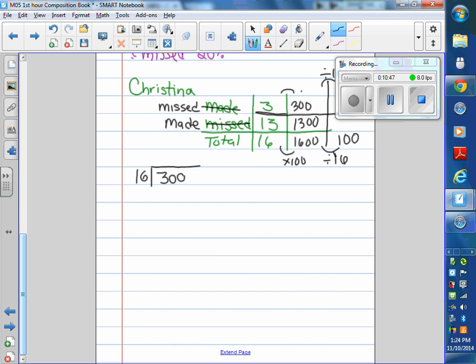What's 16 plus 16? 32. So how many times does 16 go into 30? Once, right? Subtract, and what do you get? You get 14, bring down the 0.